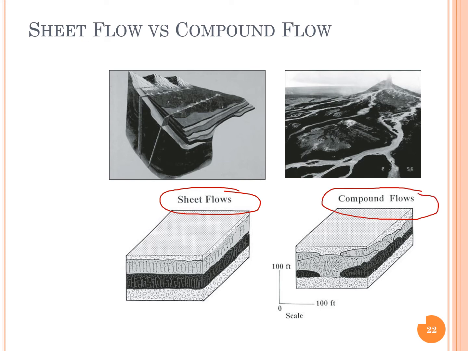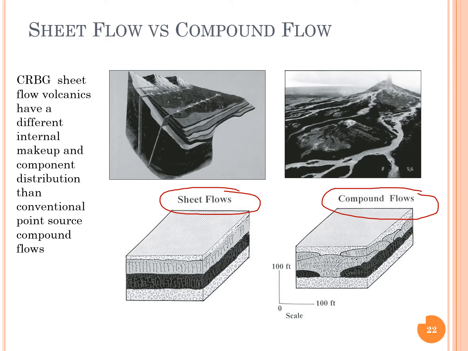So here I'm showing a difference in characteristics between a sheet flow, like our Columbia River Basalt Group, large lateral flows, perhaps thinner in many areas, but extending over large areas with continuity in the flows that can be mapped over tens, if not hundreds of kilometers, versus distinct compound flows with individual blobs or units of lava that would come off of individual vents, or like in the Pacific Northwest, volcanic elements that produce point sources of the lava.